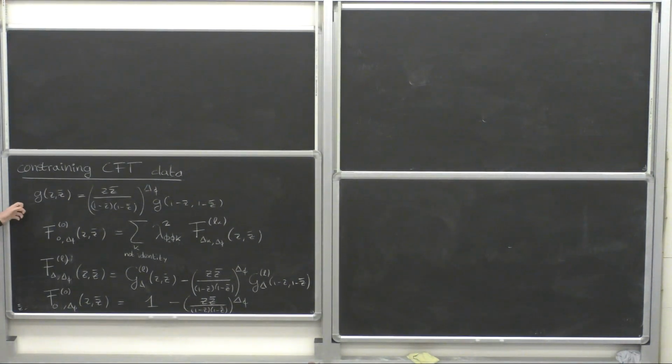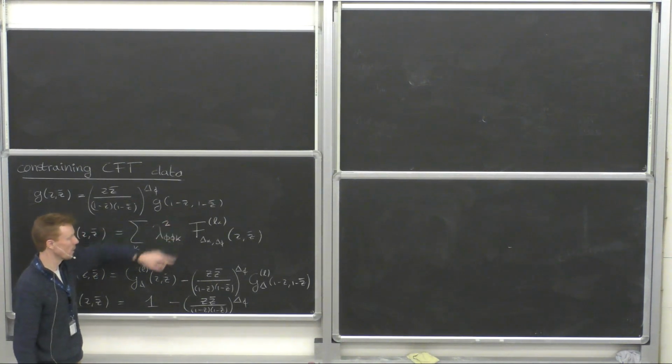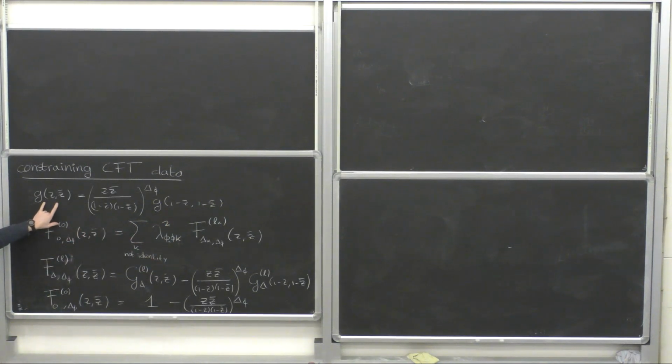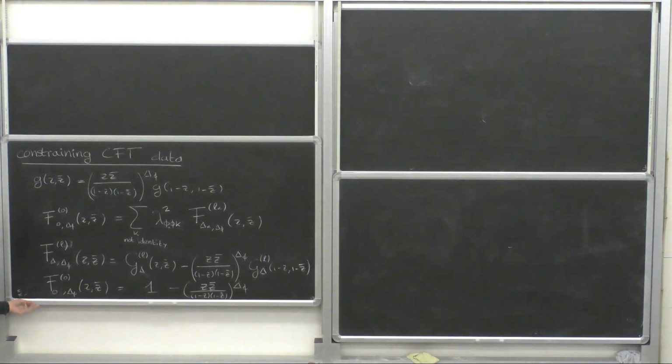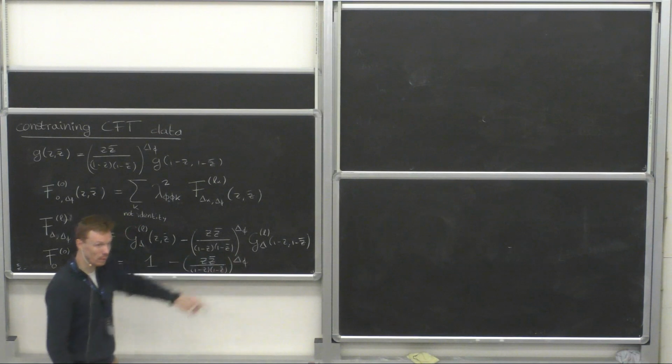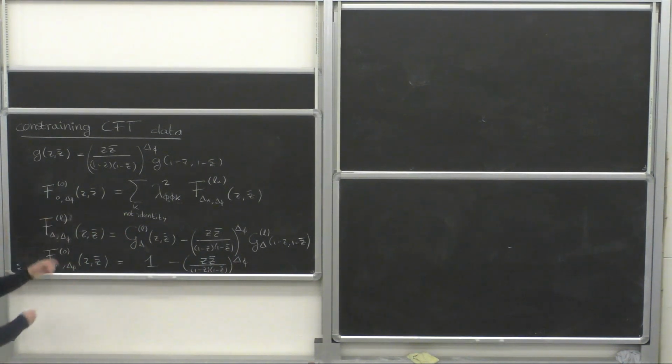So here I wrote again the crossing equations, right? This function g that I introduced. If I take the operator product expansion in the 2-3 channel, and I compare it to the 1-2 channel, I should get the same function, and that statement is encoded here in these equations. Then I substitute the conformal block decomposition of the 1-2 channel and the 2-3 channel, and I subtract them a little bit.